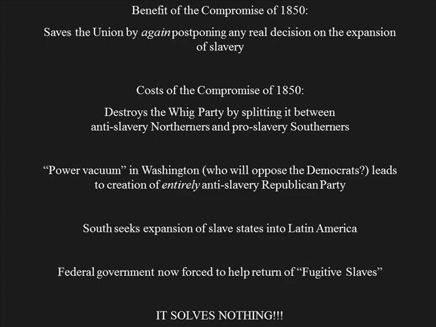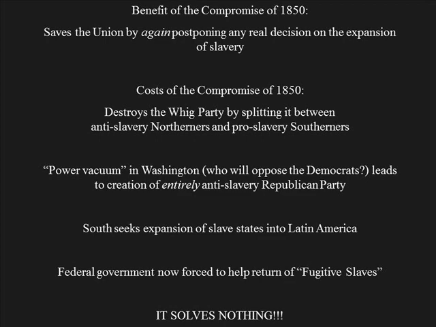The problems of the Compromise are pretty extreme. When the Compromise was proposed, the Whig Party largely splits between a northern faction that wants to vote against it because it doesn't want to see the possible spread of slavery into new areas, and a southern Whig Party that votes for it because they do want to see the expansion of slavery.